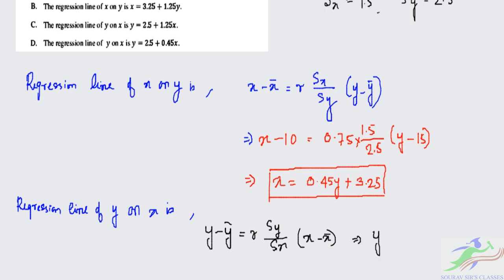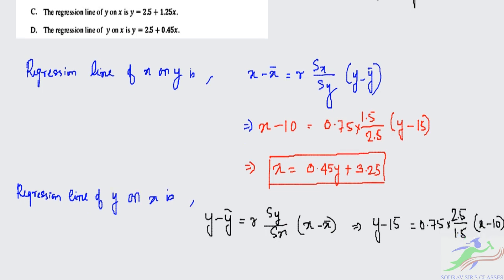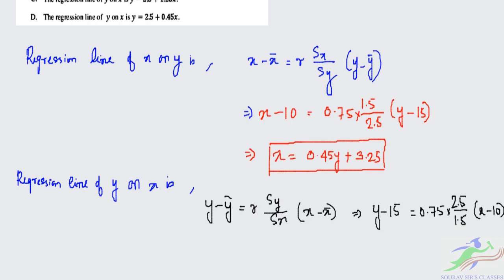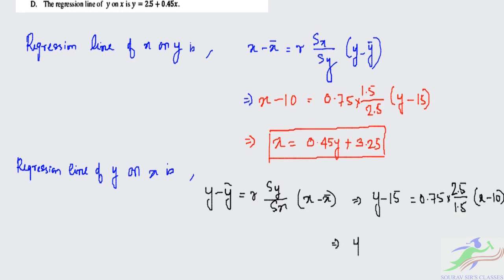So it is coming out as y minus 15 equals 0.75 times 2.5 by 1.5 multiplied by x minus 10, right? So what will be y? From here you can write y is equal to simply 1.25x plus 2.5. So that is the regression line of y on x.